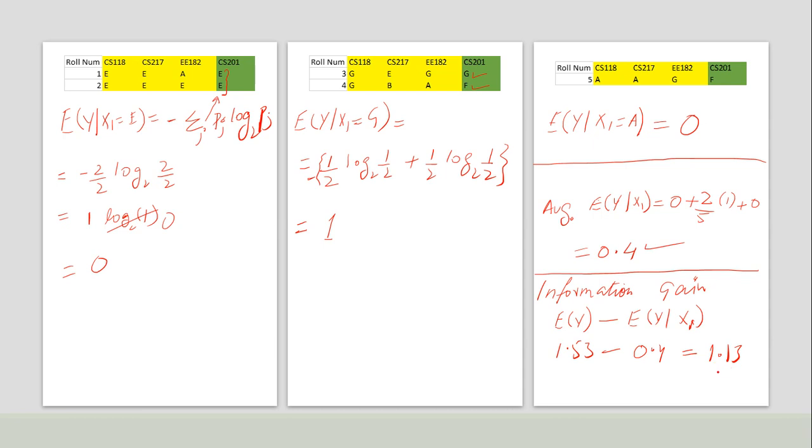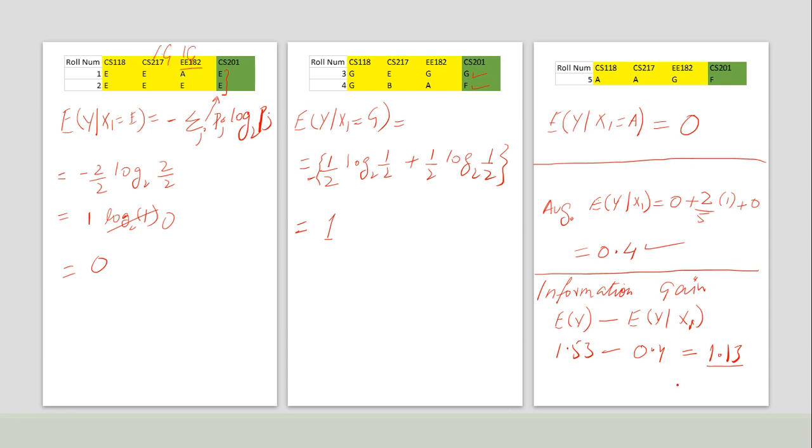To complete the decision tree, I would calculate the same information gain for the column CS217 and for the column EE182, and the column that has the maximum value, I would take that column to partition my data, because that column has actually improved the purity of the data, or decreased the impurity.